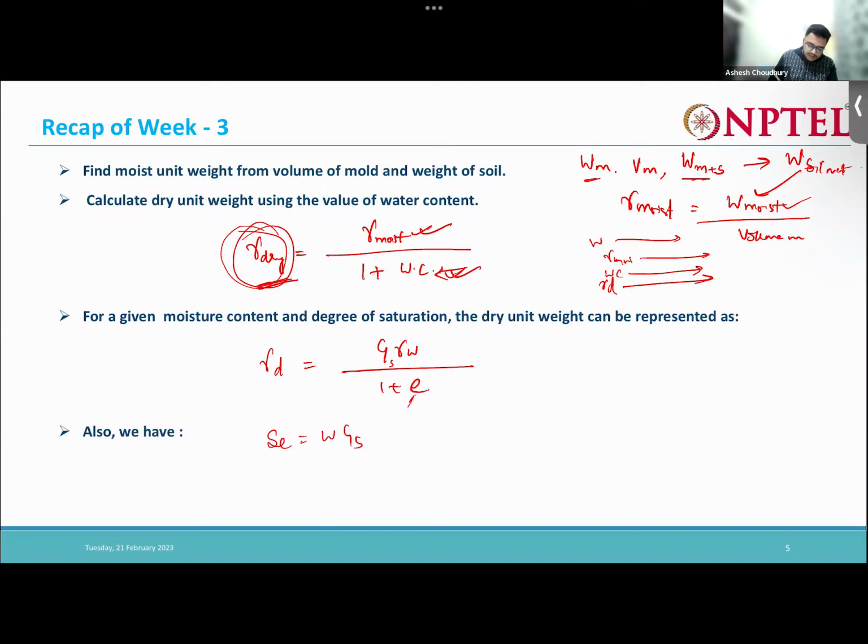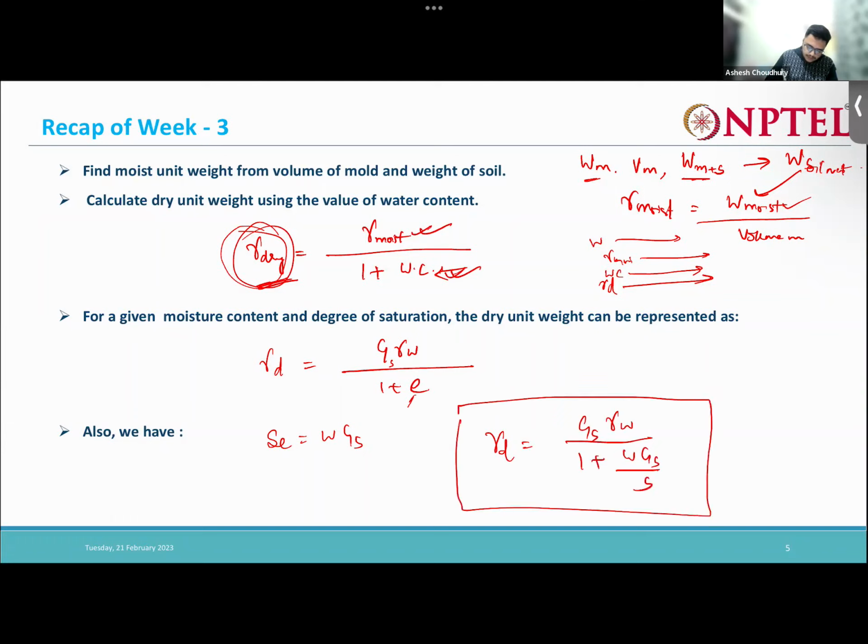So if we replace this e here, we can write that gamma d is equal to Gs gamma W by 1 plus w Gs by S. Okay, so this is also one important relation we can get, where for a particular state of saturation, we can find out the dry density of the soil, right?